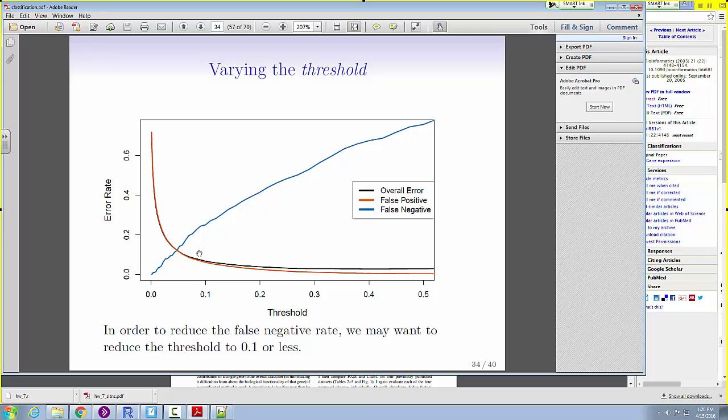Let's see, the overall error rate is the black one. The false positive is the orange one, and the false negative is the blue one. So for example, if we took what would be the most natural choice as the default, which is 0.5, cancer or healthy, well, which of the estimated distributions is most likely?